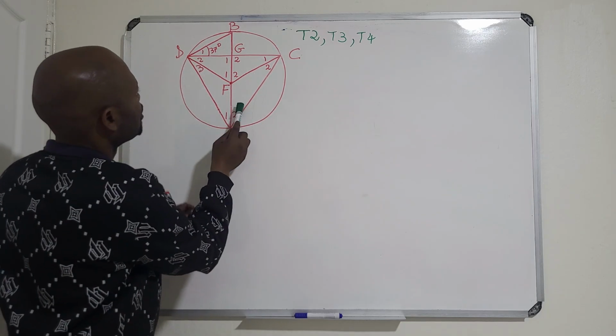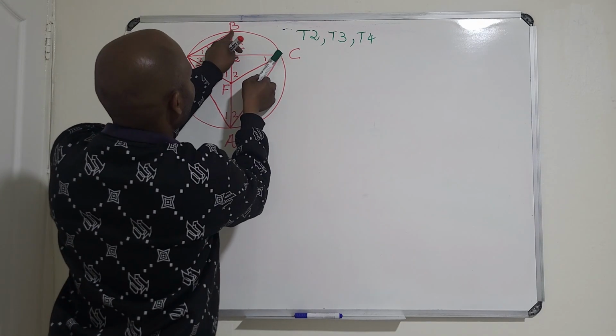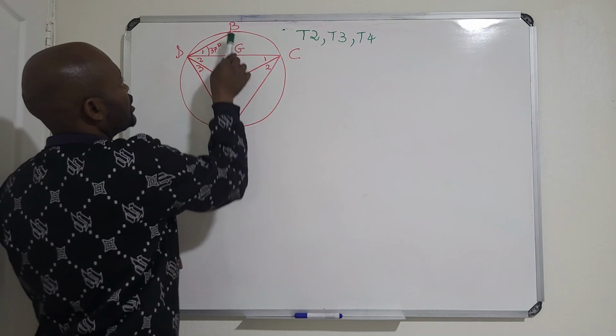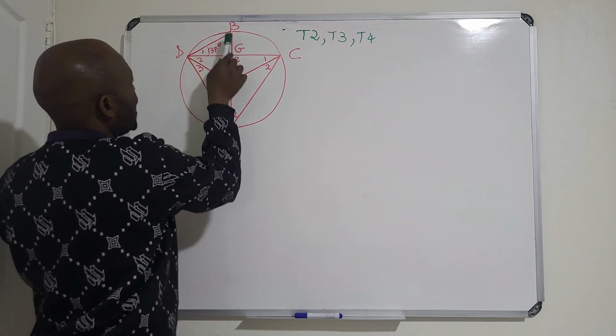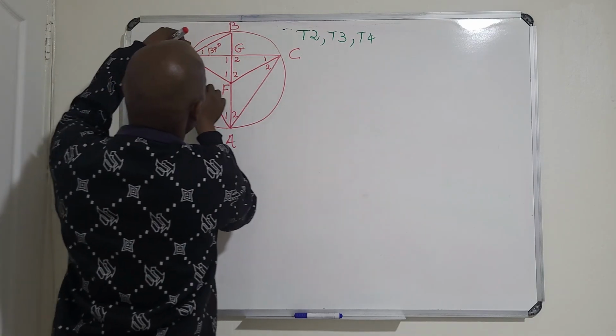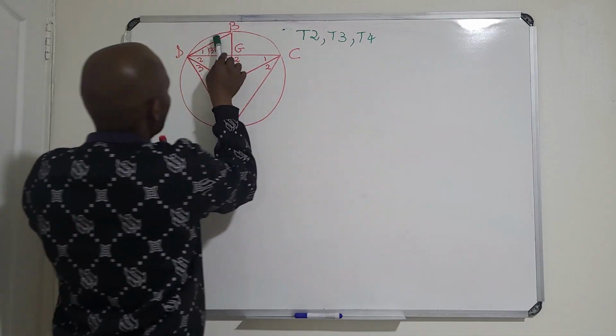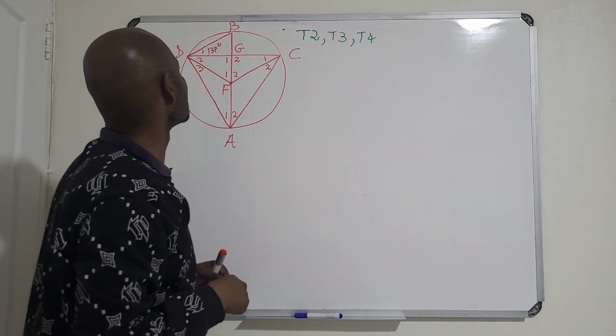This angle. Because look, there, look, there. This arc subtends this angle. This arc also subtends this angle there. Therefore, we've got angles in the same segment.